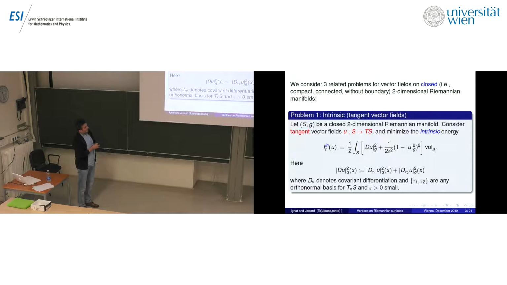Okay, but now you are on a surface. And the right notion that you have there, which is the intrinsic one, so you don't need that your surface is embedded in R3, is what is called the covariant derivative. This is given by the so-called Levi-Civita connection. Okay, let's think that we don't know what it is, and let's assume that our surface is embedded in R3.